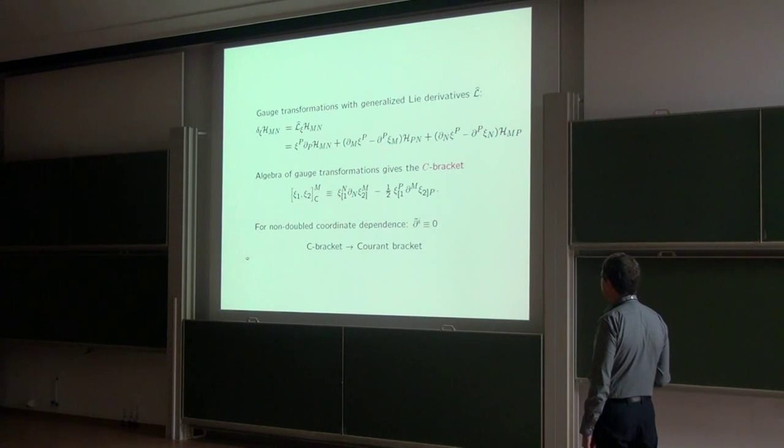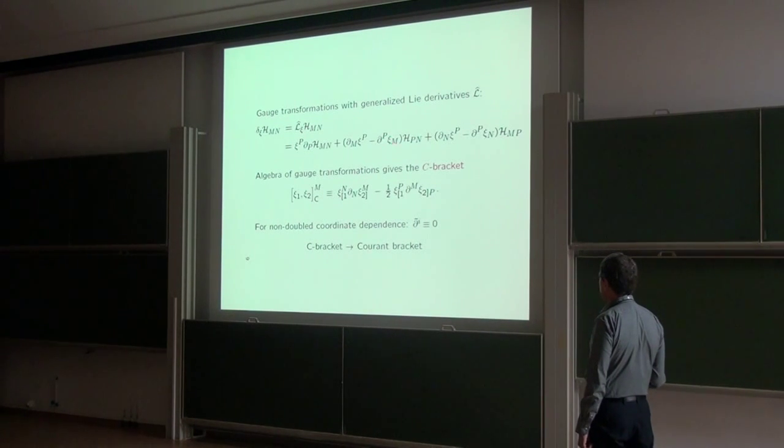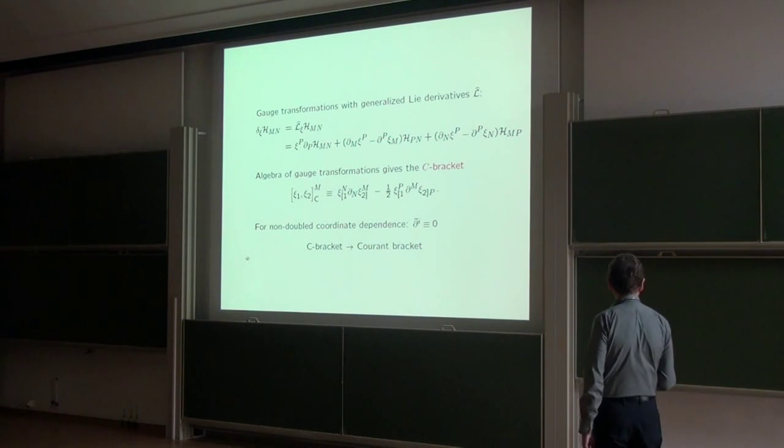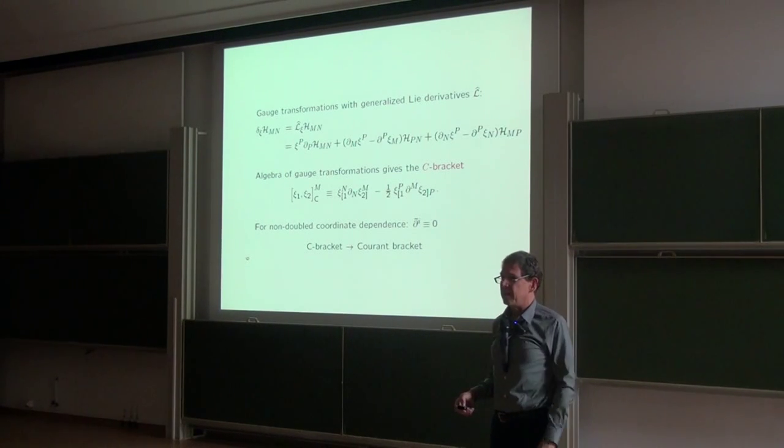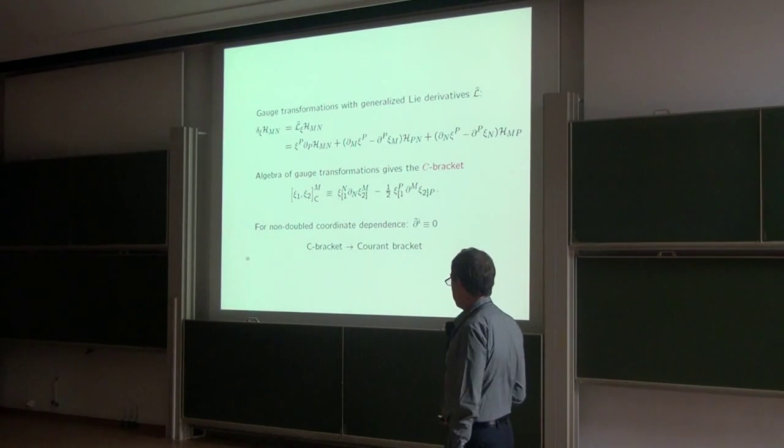And these things make sense in this theory because you have the flat metric, the eta, to raise the index or lower the index here. So this is the way this should work here. And this guarantees all kinds of important properties, in particular that a trivial gauge parameter generates no gauge transformations.